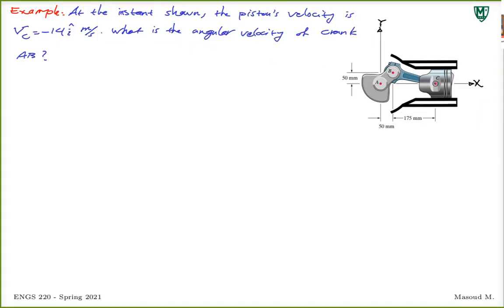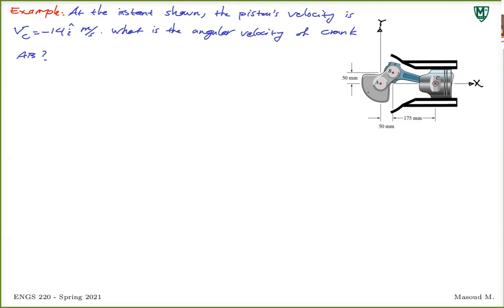So basically the piston is moving to the left at 14 meters per second. Knowing that, we want to find the angular velocity of the link, or more specifically crank AB. So the decisions: where to put the local frame, what to attach it to, what point we should study. Now, the point that we have the information about is point C.